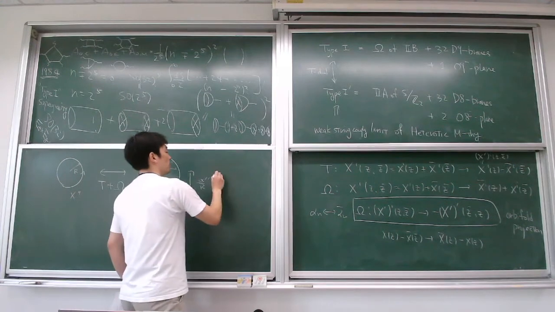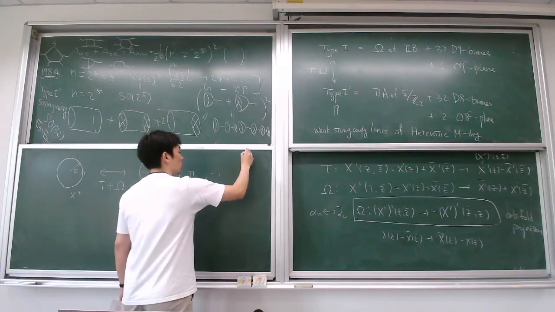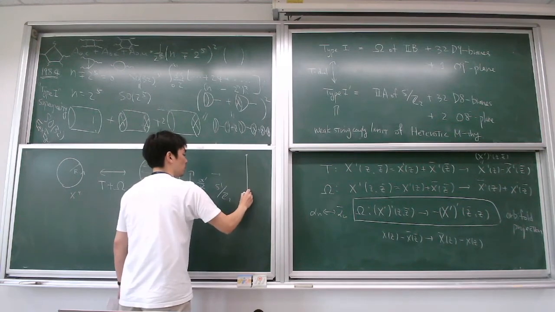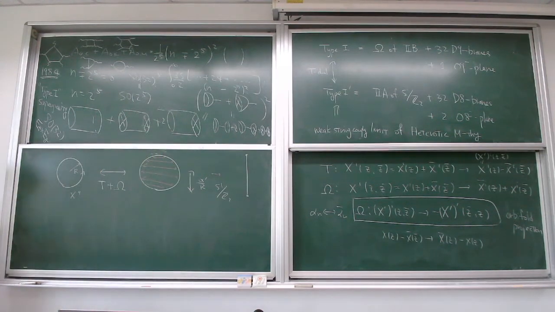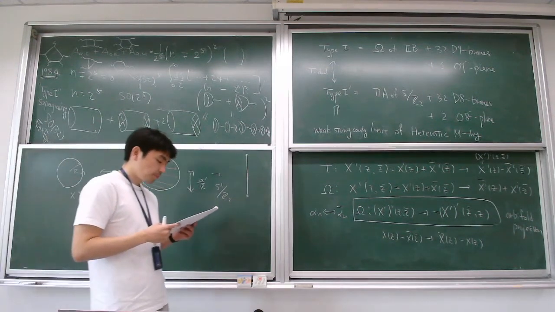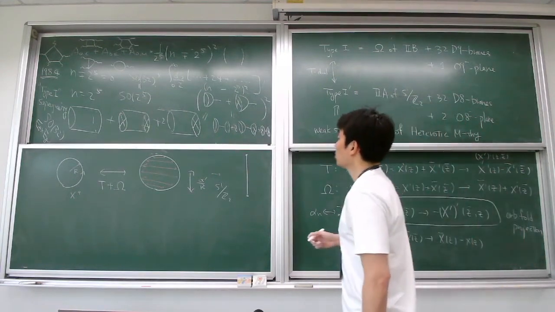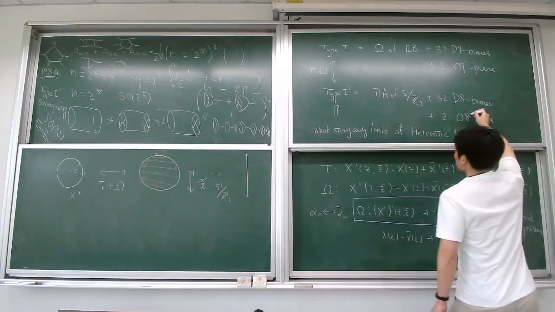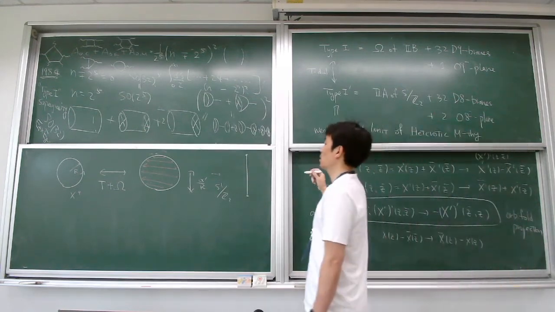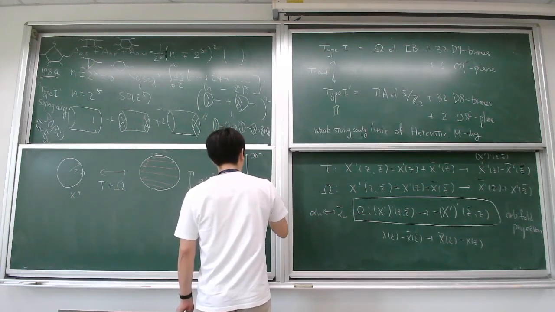So this is S1 mod Z2, and you have just this line. It's just a projection to the line. And indeed, the O8 minus plane sits here, O8 minus and O8 minus.